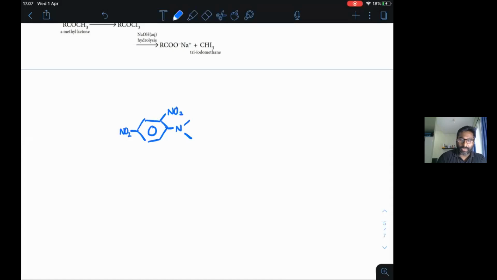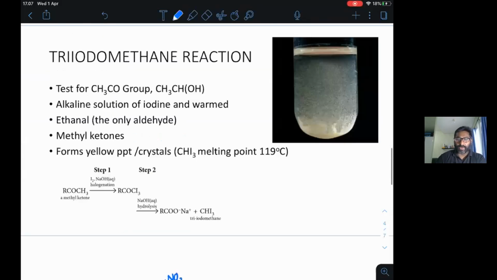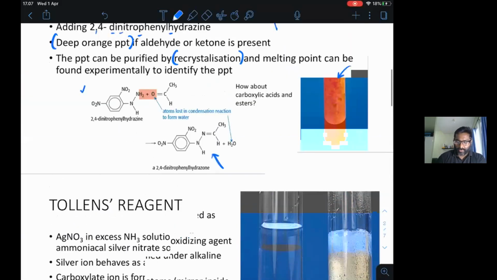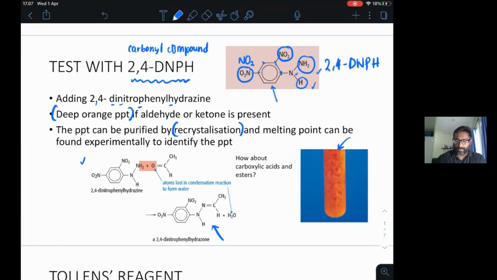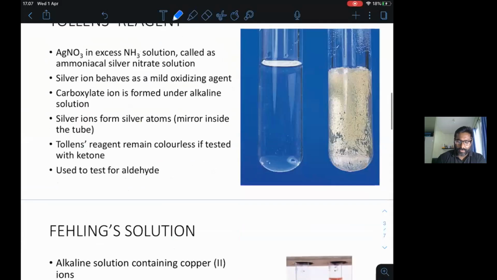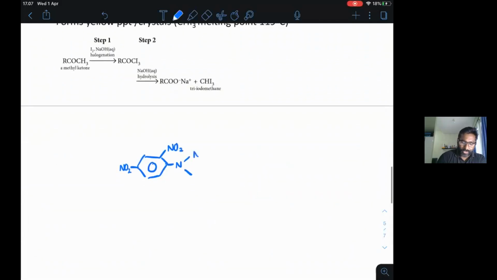This nitrogen is connected to NH2 and connected to hydrogen. So if I draw it again, this one is connected to NH2, and this is hydrogen. So this is 2,4-DNPH. You need to know about this.